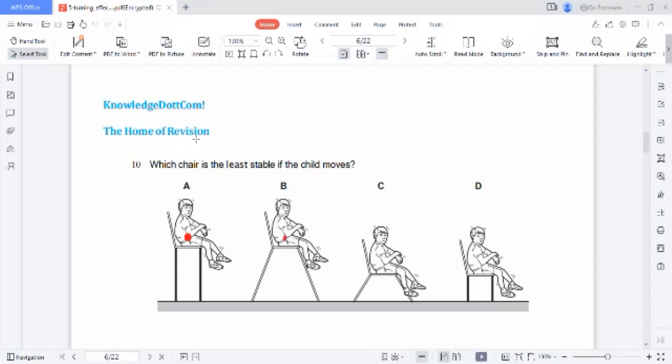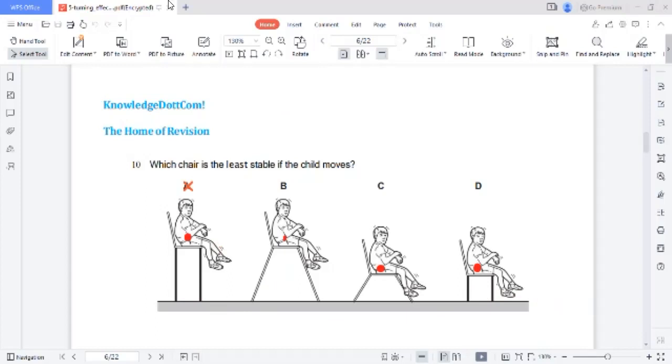Suppose again here is the center of mass. Here is the center of mass. So the conditions are the base areas. You can see it has a small base area. It also has a small base area. So these two options are totally rejected.